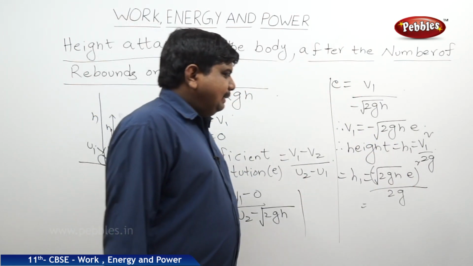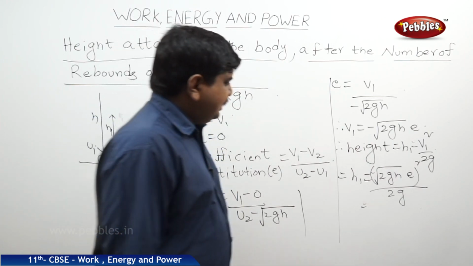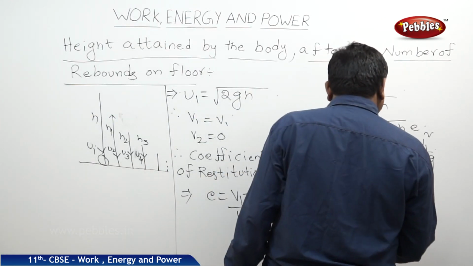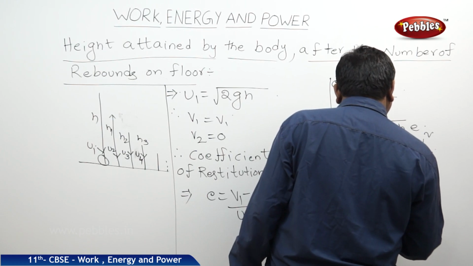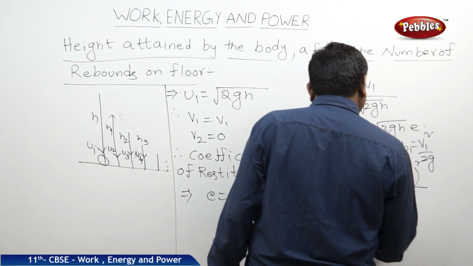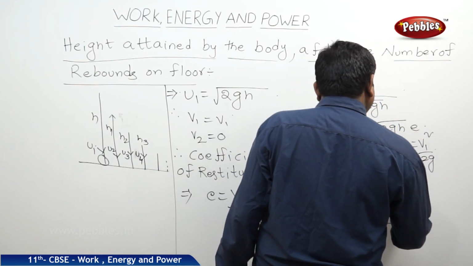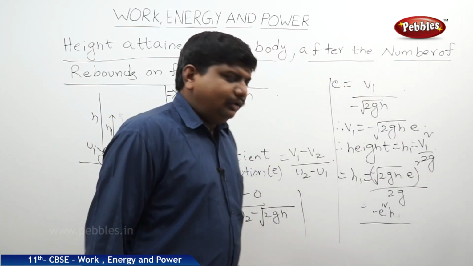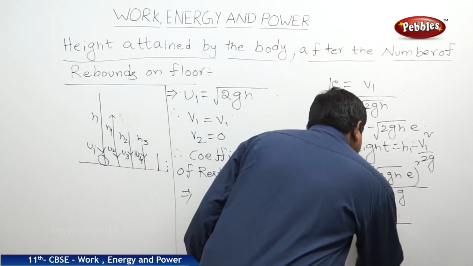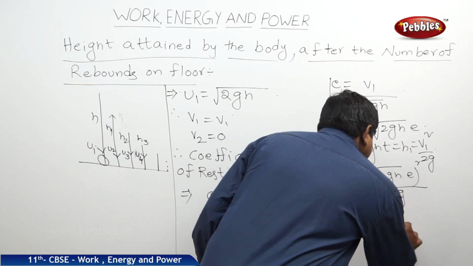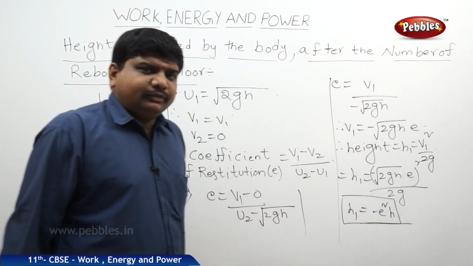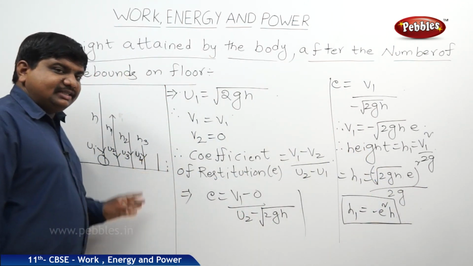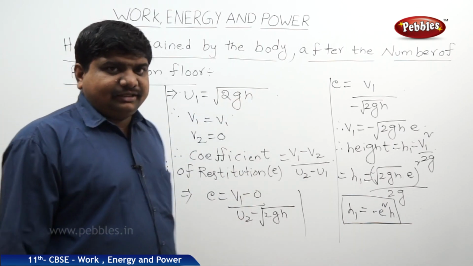So we will get h1 is equal to e square h. Like this, we will find h2, h3, and we will find the common equation.